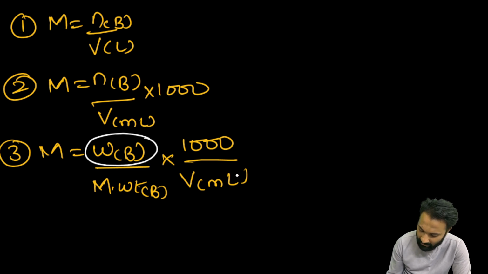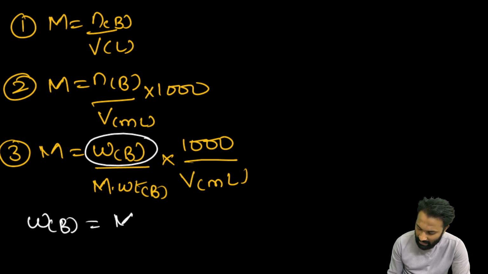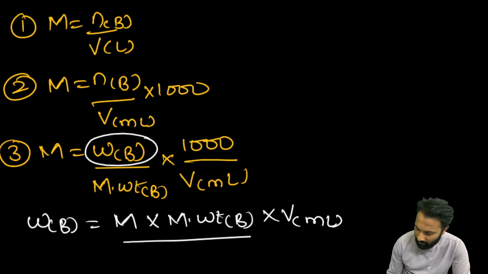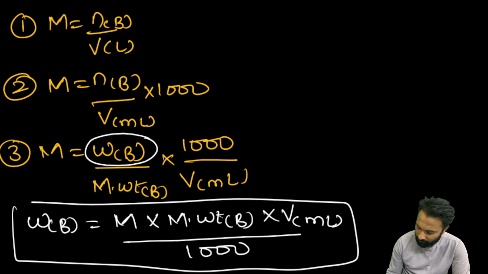They will give you the molarity and V ml and ask for the weight of the solute. How to calculate it? Weight of the solute is equal to molarity into molecular weight of solute into V ml by 1000. Clear? This is the weight of the solute if they ask.